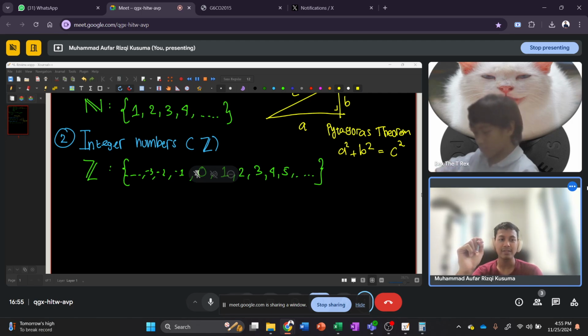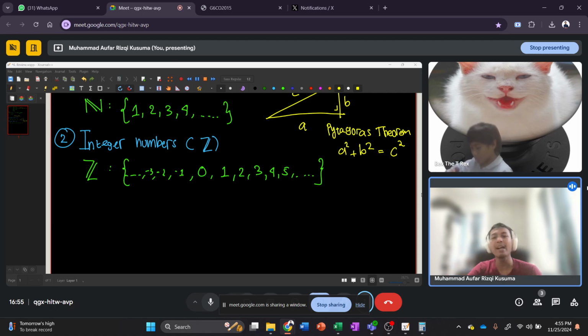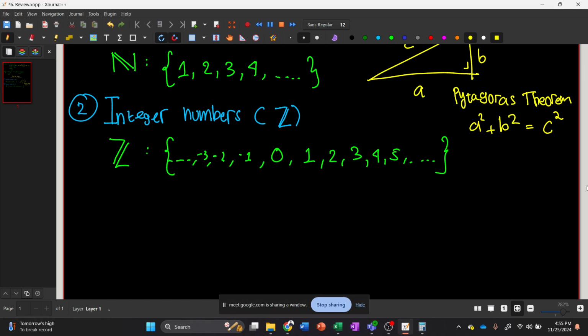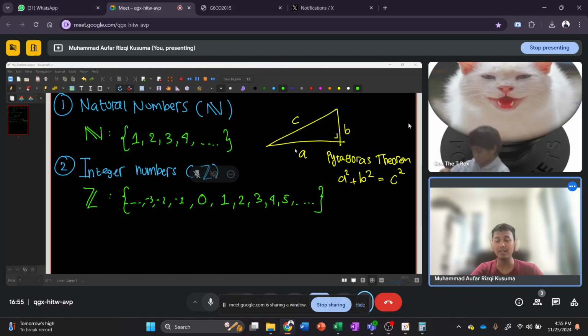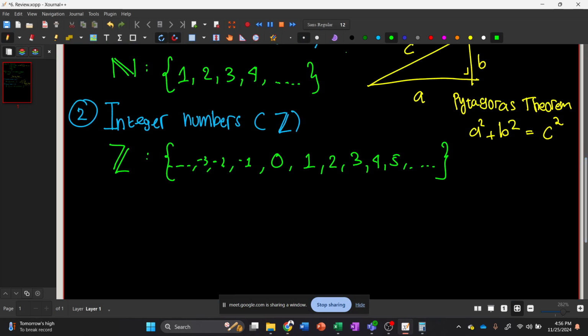So if I'm not mistaken, the Pythagoras theorem itself is a fundamental theorem in mathematics, and one of the first theorems established in mathematics. So this is fundamental, and you will learn it later.